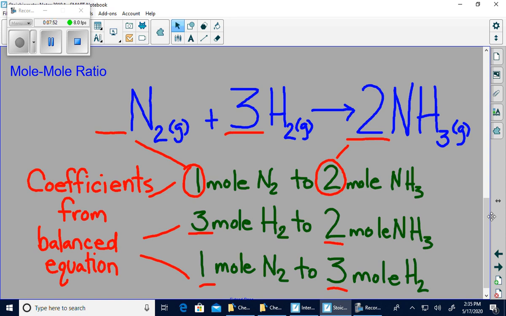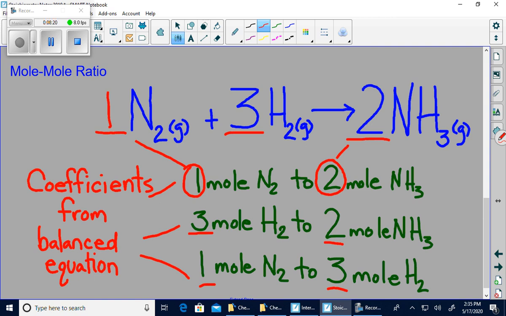Okay, so according to this reaction, remember, if there's no coefficient in front of a substance, that means 1. So in this, I have 1 mole of nitrogen gas plus 3 moles of hydrogen gas will yield 2 moles of ammonia gas.